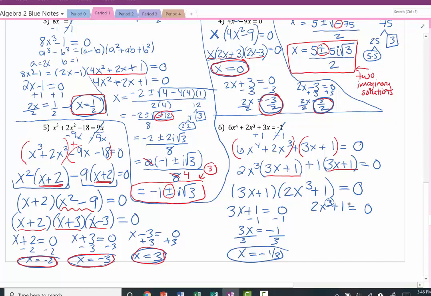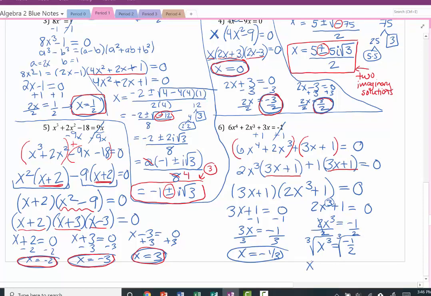So we'll go ahead and find the second real solution. I would subtract 1 from both sides and divide by 2. And I'll get x to the 3rd is equal to negative 1/2. Then we would take the cube root of that, the cube root of negative 1/2.